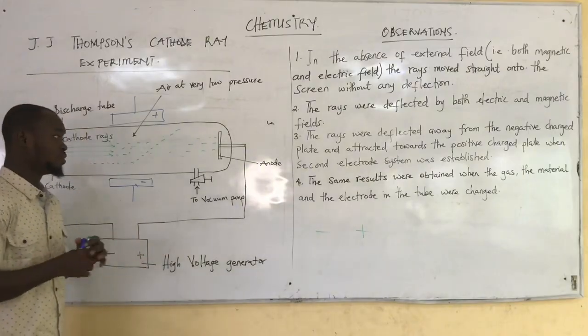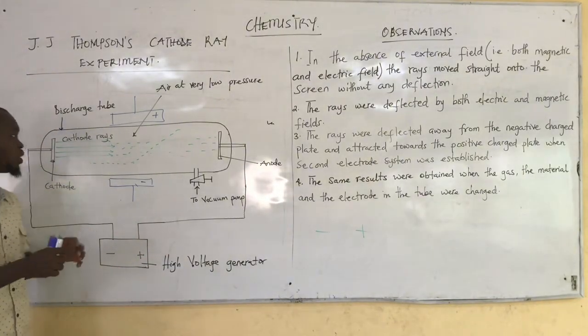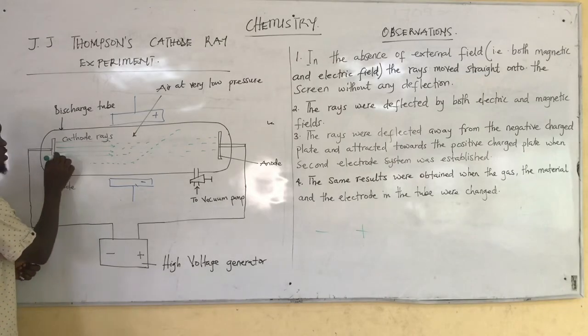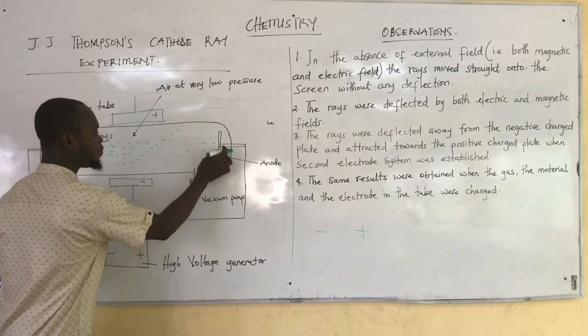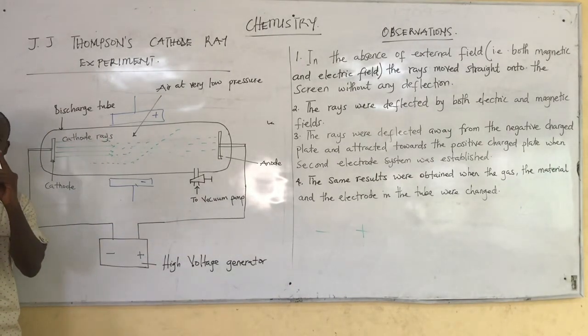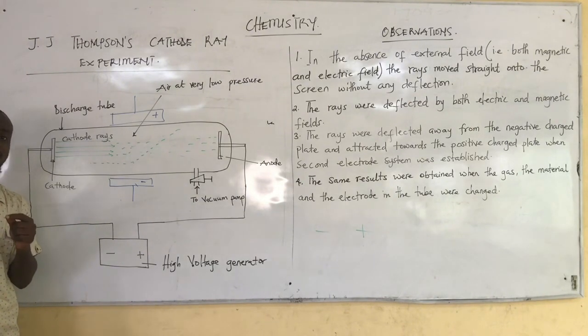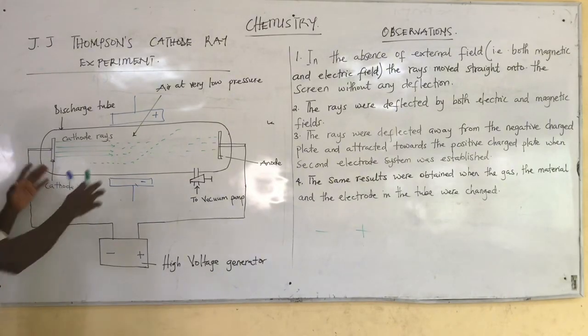The first observation was that in the absence of any external field, he could visualize the cathode rays or particles moving from the cathode electrode in the direction of the positive electrode, that is the anode. To perform further analysis on the particle, he introduced an external field, a magnetic field around the tube.